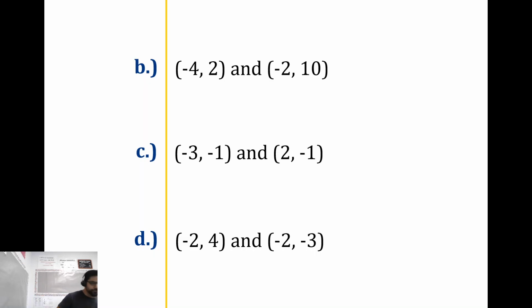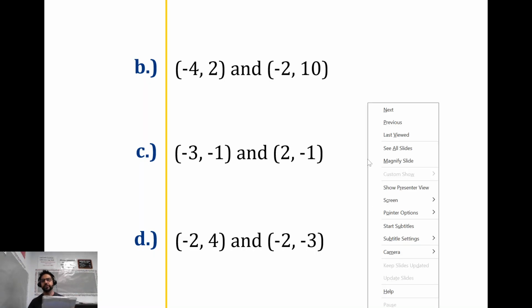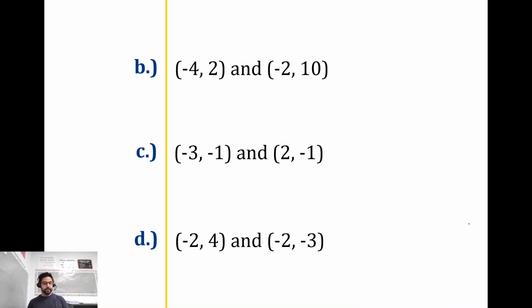So thinking about it just really quick, if you were to do the whole problem for letter C, really just focusing on the numerator, the numerator would become 0, because again, -1 subtract -1 is -1 plus 1, 0. On letter D, -2 subtract -2, -2 plus 2 is 0. So notice the difference. 0 is the numerator, 0 is the denominator.